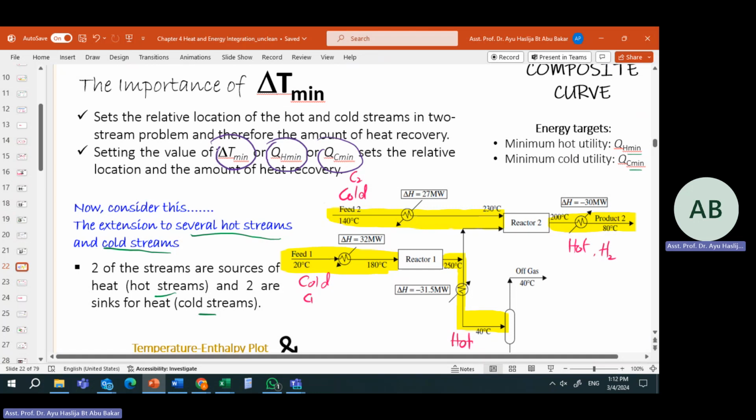It involves the area, everything. The delta T is required in order for you to design the heat exchanger. So this delta T min is important. You cannot go too low, you cannot go too high, because it will affect the design and the surface area of your heat exchanger.